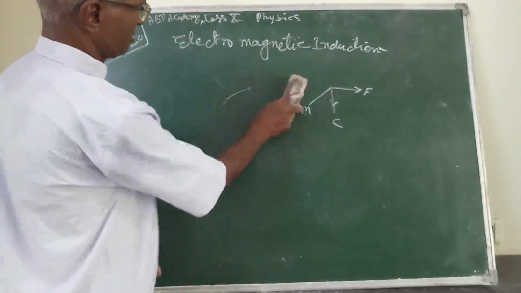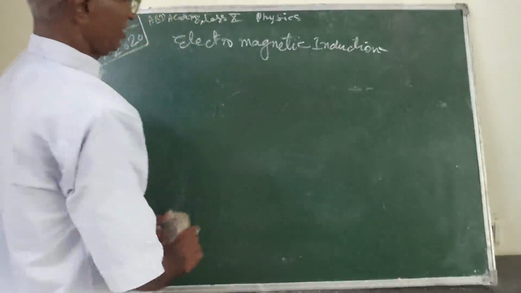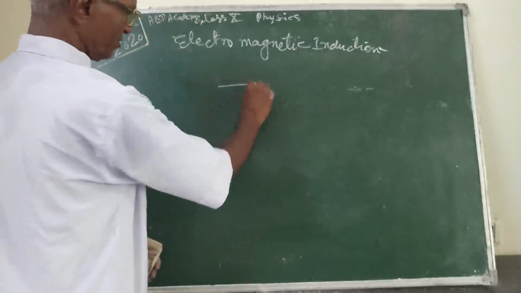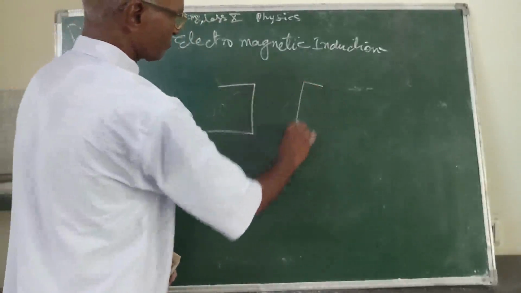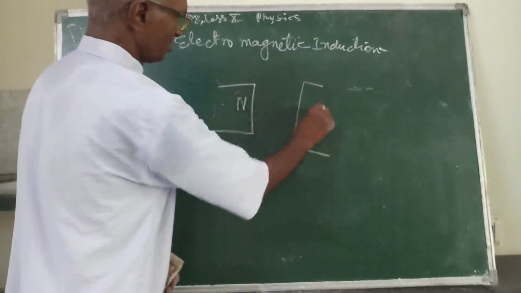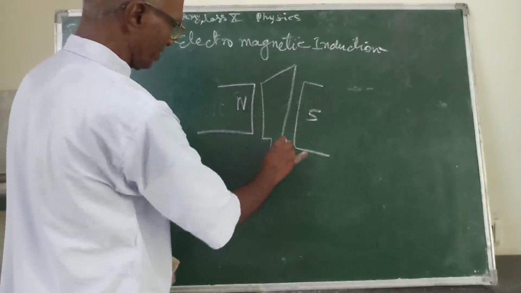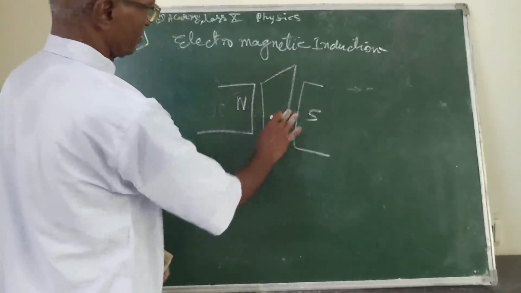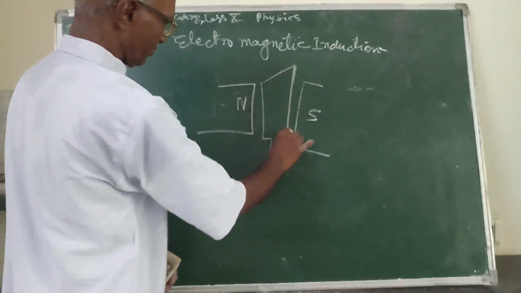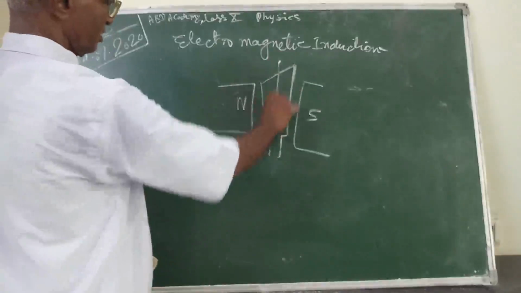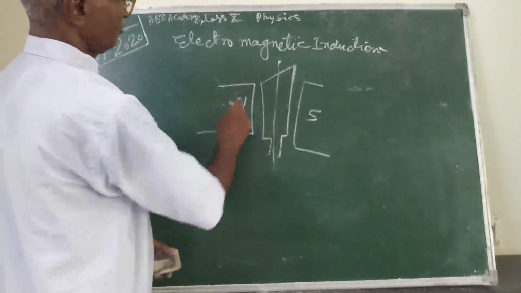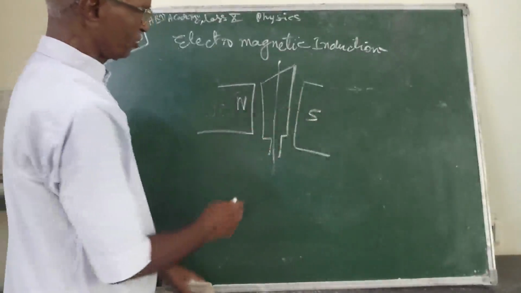On this principle, he explained that when a coil rotates under the influence of a strong magnetic field like this, then current is generated.